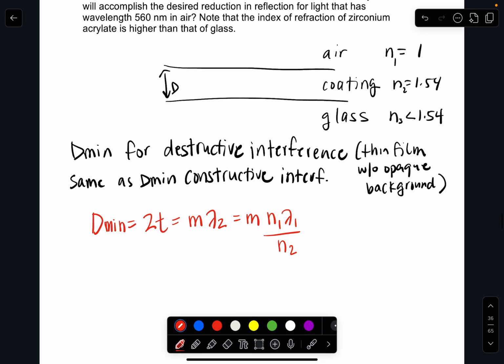D min for m equals 1 would simply be equal to n1 lambda 1 over n2.